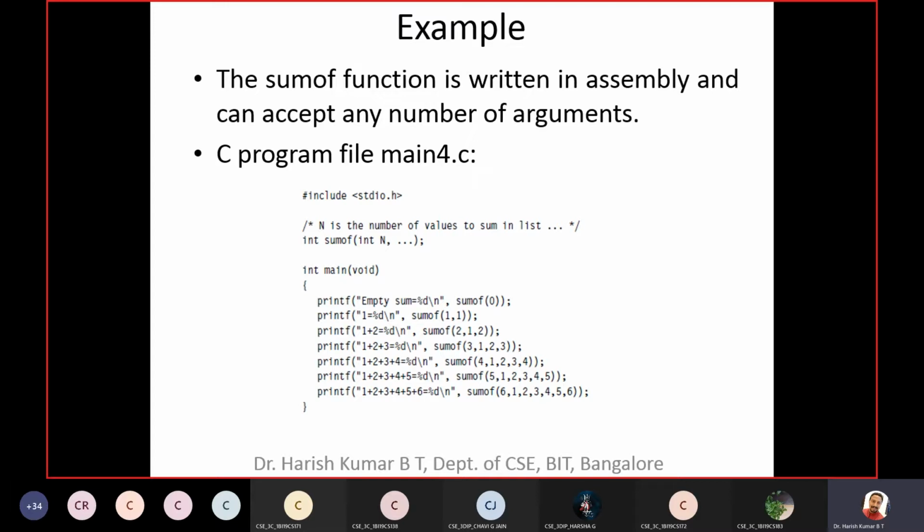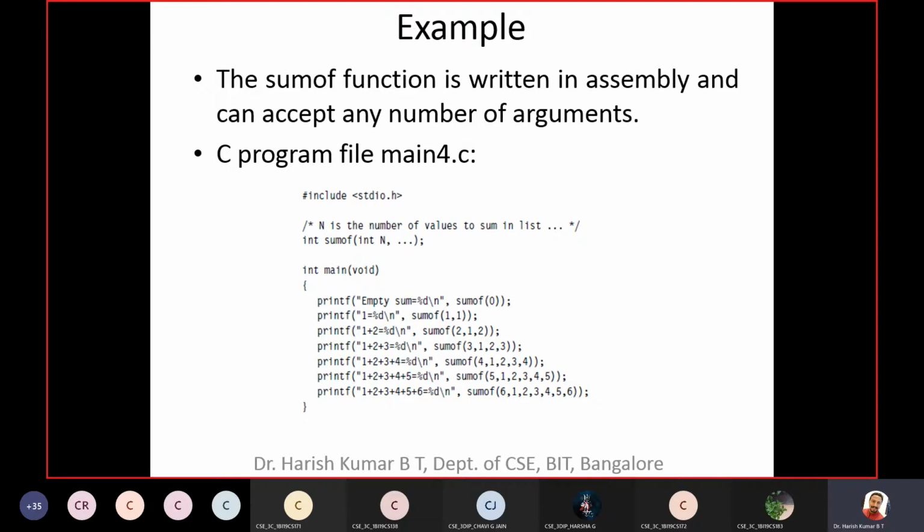So we understood how the registers get filled in. The first value goes to the register R0, and if there are two arguments being passed, then the first argument goes to R0 and the second argument goes to R1.